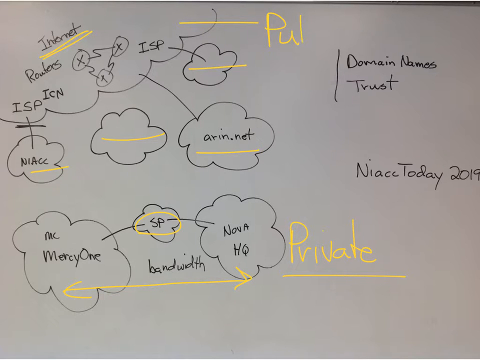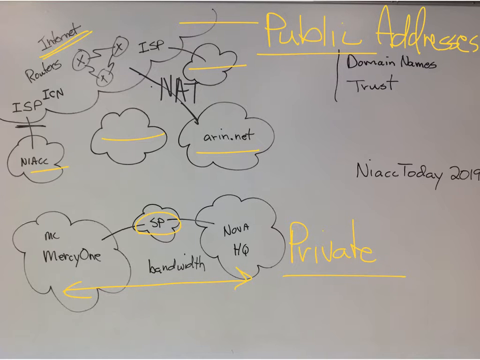That's the only way it's going to transfer the information. Alright, so these locations, they do NAT in between to convert it. And where do you get a public IP? You get it from your ISP.